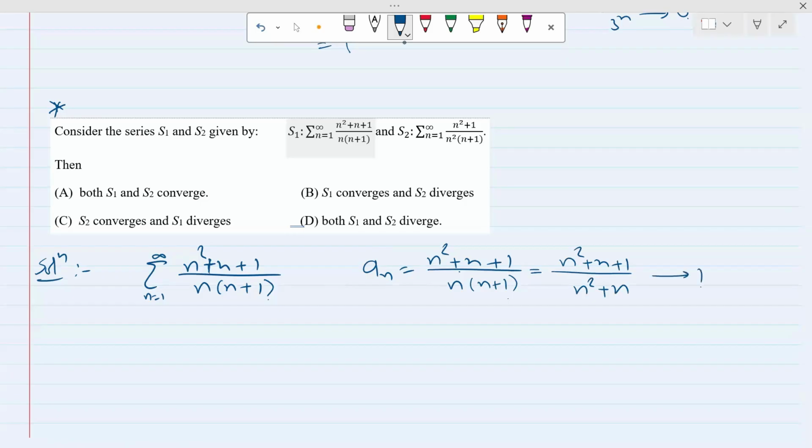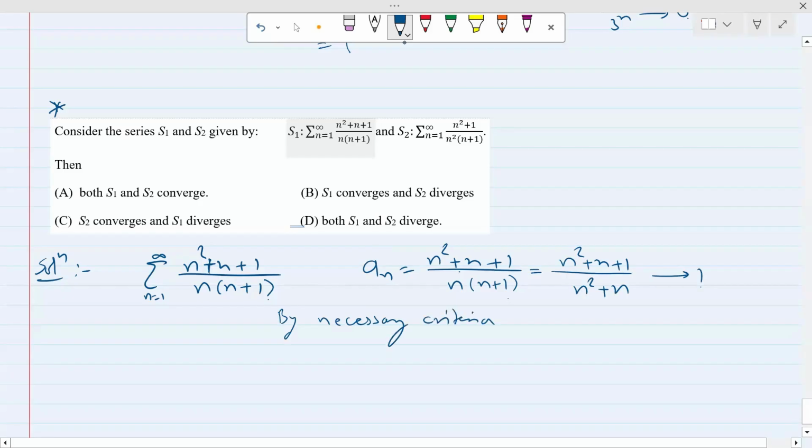Yeah. So what I can say by the necessary criteria is divergent. Yes, sir. Good. Because if your series is convergent, then an goes to 0.